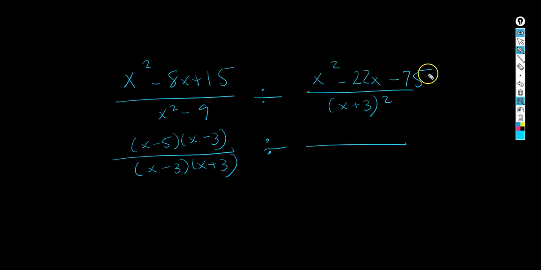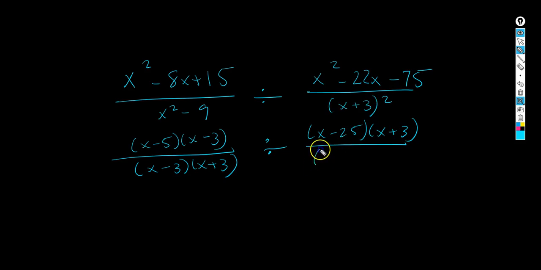Okay. So are there two numbers that multiply together to give us negative 75, but at the same time they add up together to give us negative 22? Okay, well, 25 times 3 is 75, so negative 25 and positive 3 should do it. Because negative 25 times 3 is negative 75, and negative 25 plus 3 is negative 22.